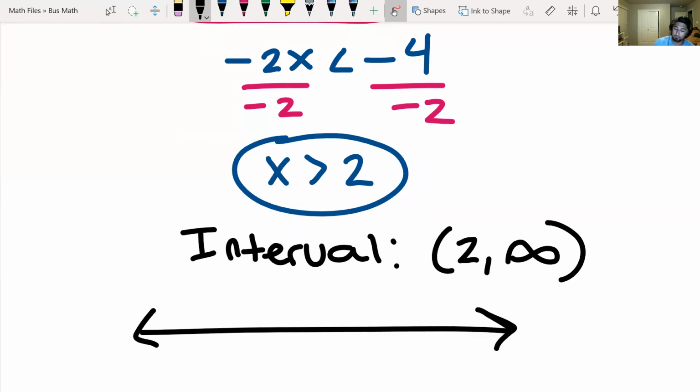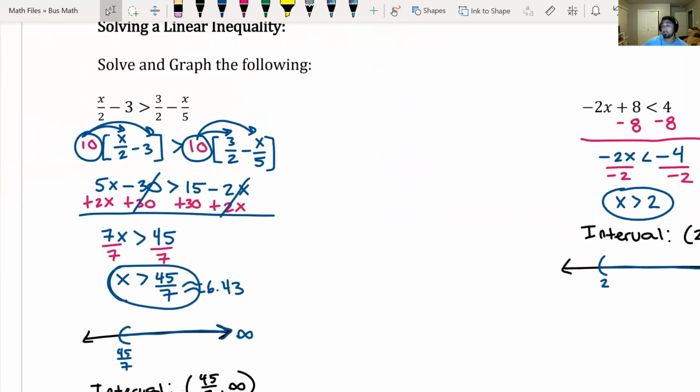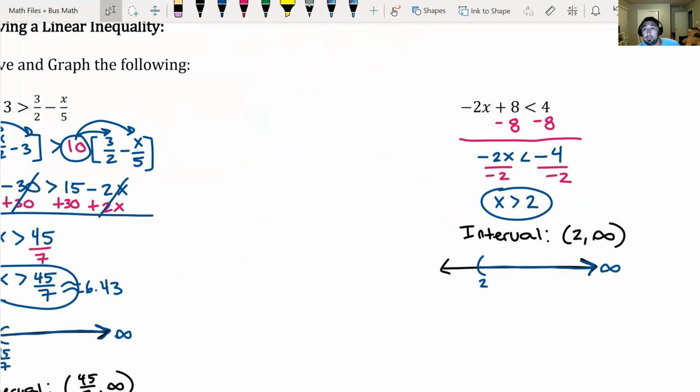Number line, we'll plot 2 down. And again, we are headed towards infinity. Awesome. There it is.